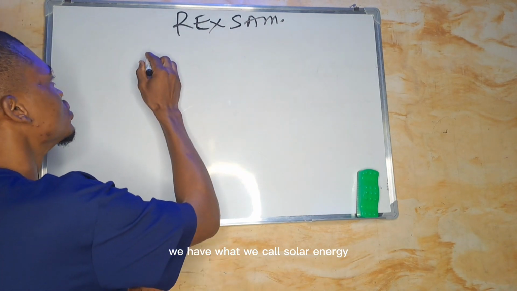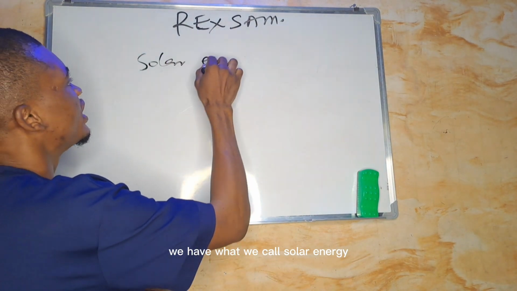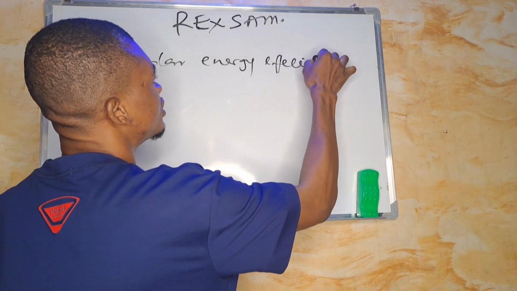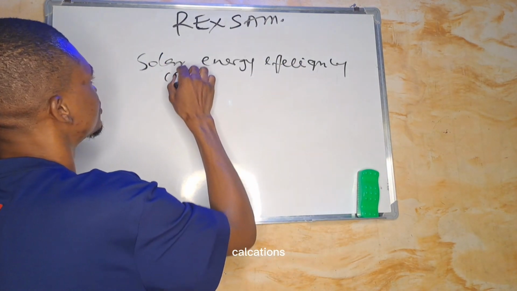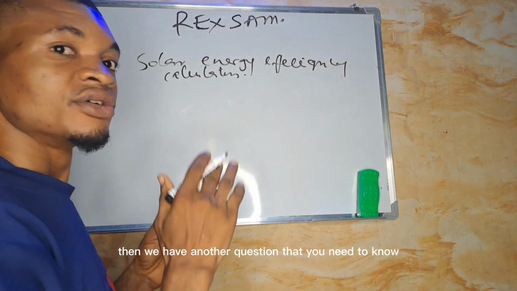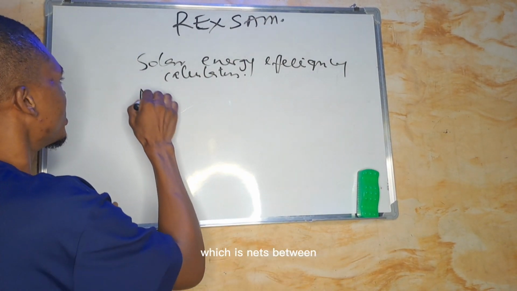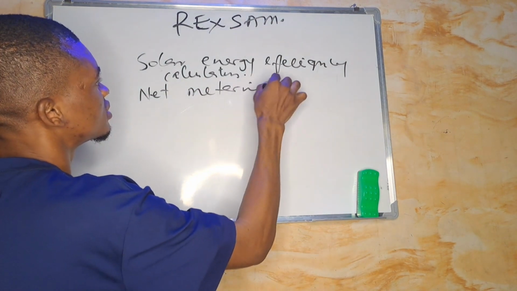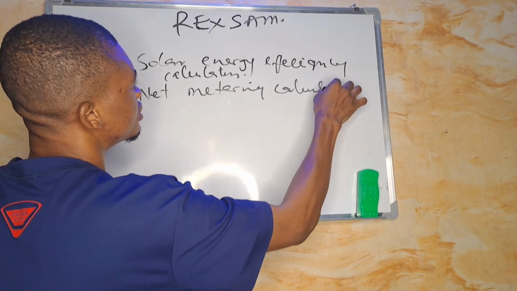We have what we call solar energy efficiency calculations. Then we have another calculation that you need to know, which is net metering calculations.